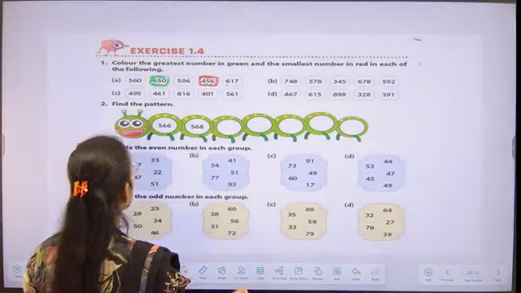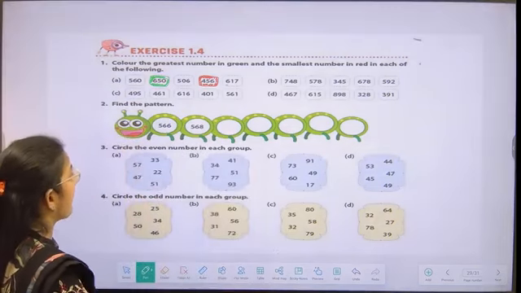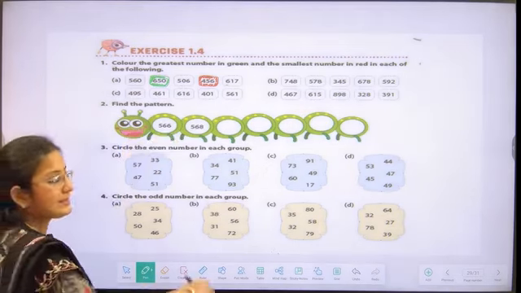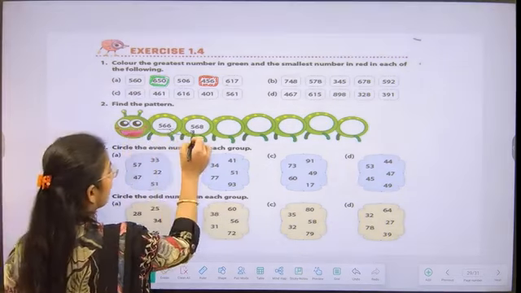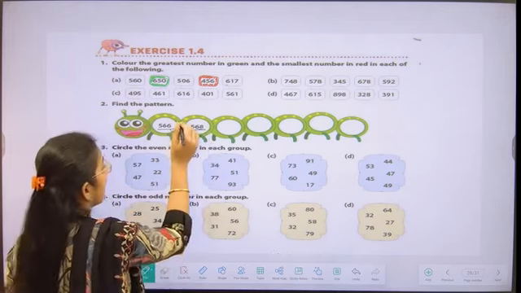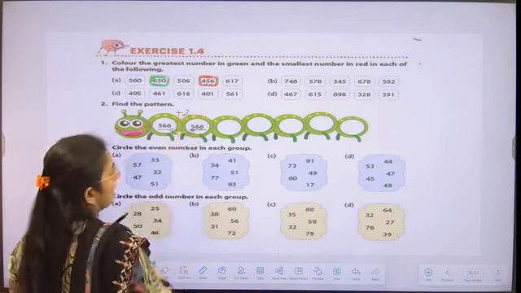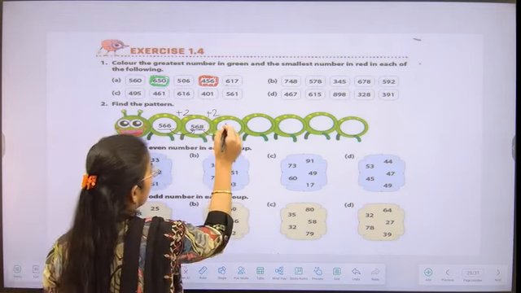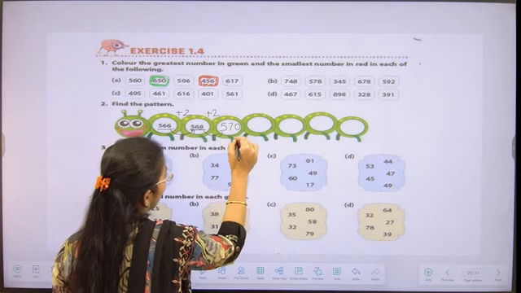What we have to do is find the pattern. Our first number is 566. So our next number will be 568. In this, we are adding 2 to that. If I add 2, the next number will be 570.